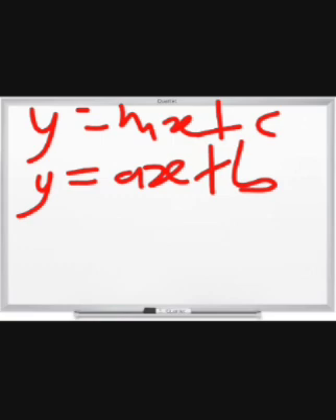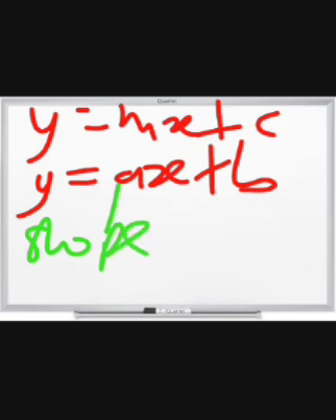So if you write it, you indicate to the examiner that a, or m in this case, means the gradient or slope. You know gradient or slope from social studies or from science. It can be a steep slope or a gentle slope. If you want to know the slope of a hill, that's how steep it is.